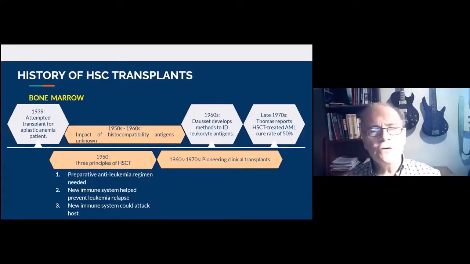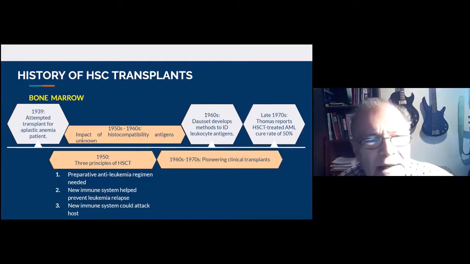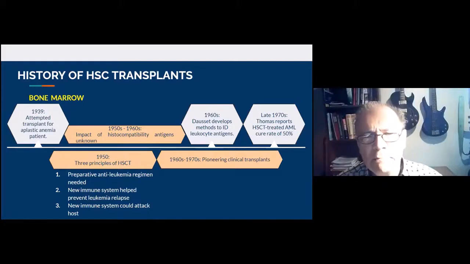What about the history of hematopoietic stem cell transplant? Many years ago, in 1939, a bone marrow transplant was attempted for aplastic anemia patients. During the 50s, 3 principles of hematopoietic stem cell transplant appeared: a preparative anti-leukemia regimen is needed, a new immune system helped prevent leukemia relapse, and the new immune system could attack the host.